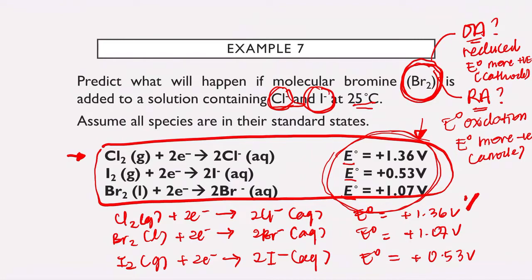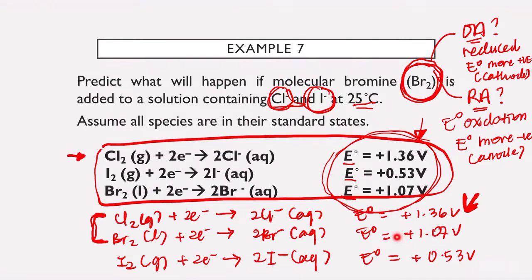So this is the most positive one. When we compare these two, your bromine has a more negative electrode potential value.